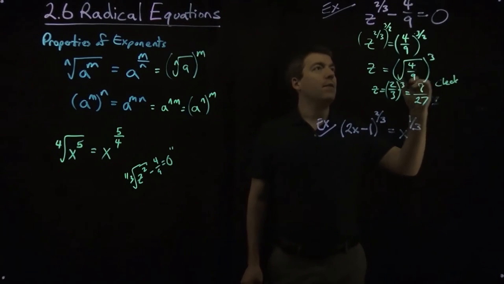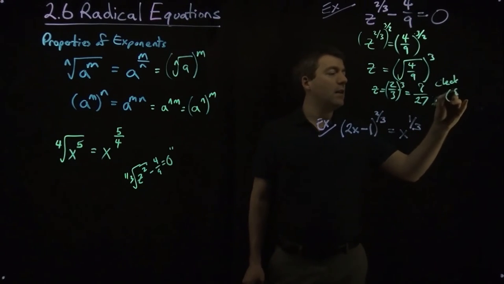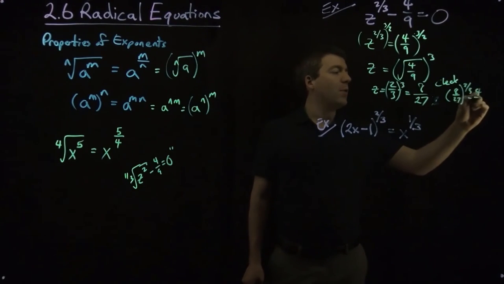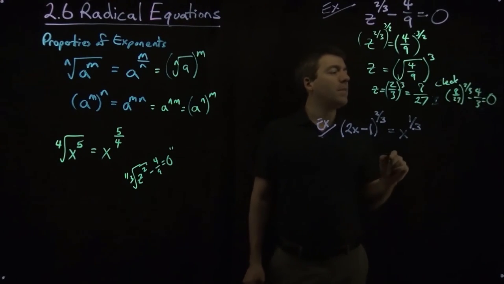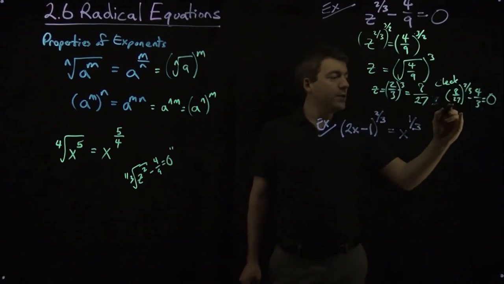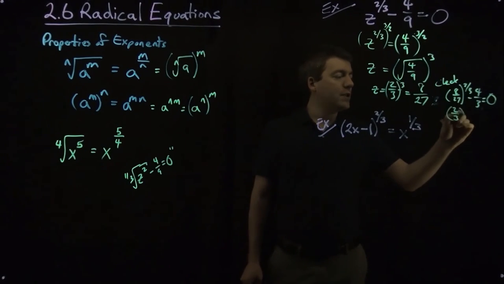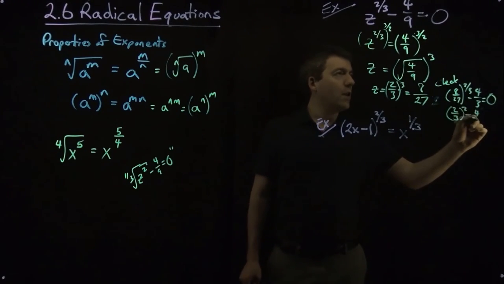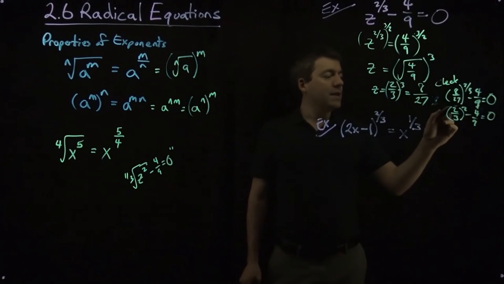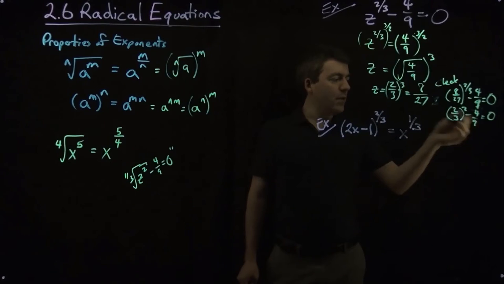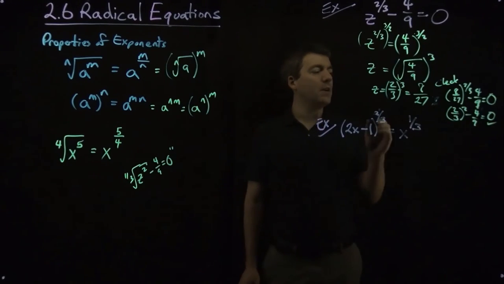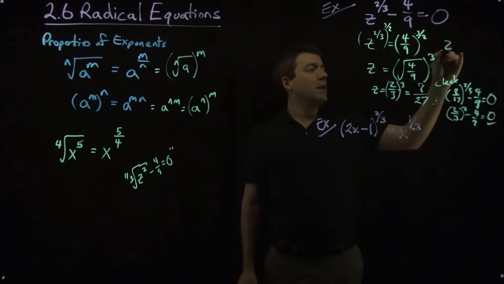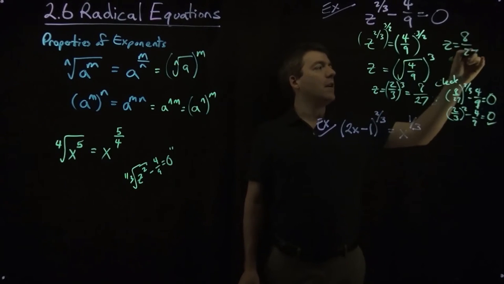We've got z to the 2/3 power, so 8/27 to the 2/3 power minus 4/9 equals 0. Well, we take the cube root first. We get 2/3 squared minus 4/9. This thing squared is 4/9, minus 4/9 is indeed 0. So that works. So our solution is z equals 8/27.